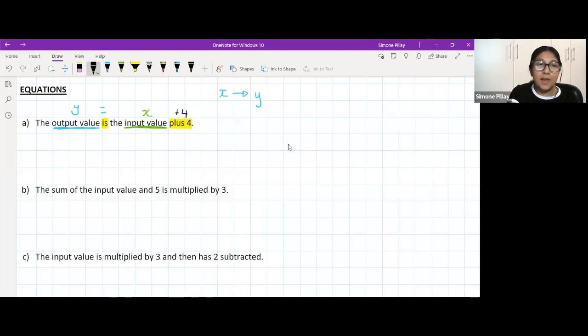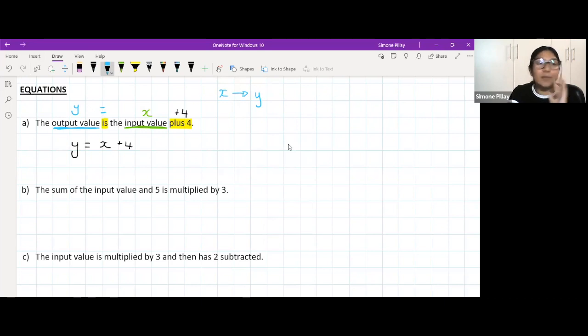They told me my output value, which means Y, is something. So Y is equal to. What is it equal to? It's equal to my input value, which is X, plus 4. I saw so many of these answers in the chat. Well done, you guys. Let's move on to something a little bit harder. Just a little bit. It's so nice once you know your terminology.